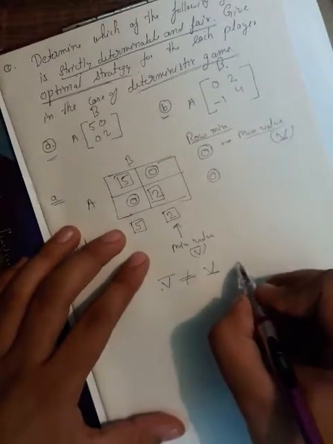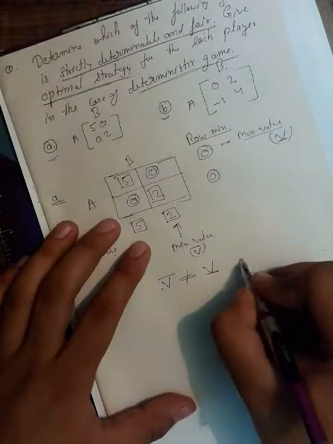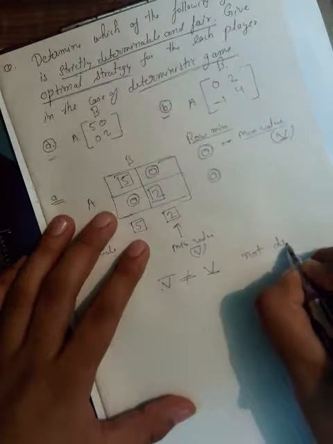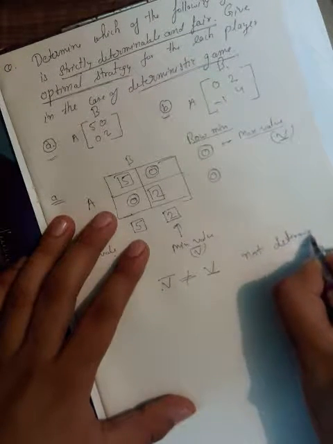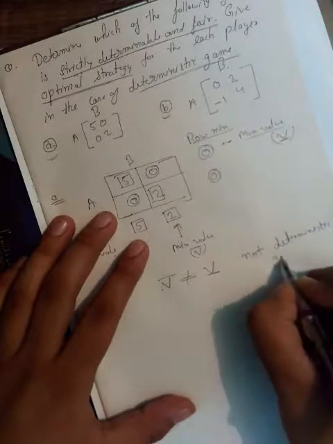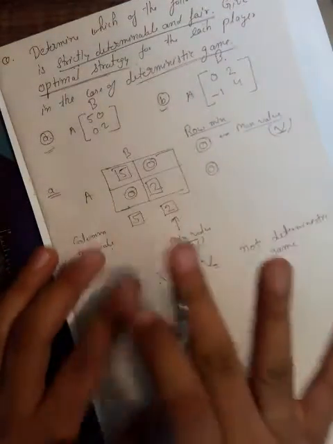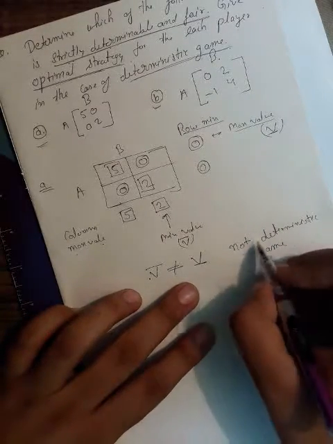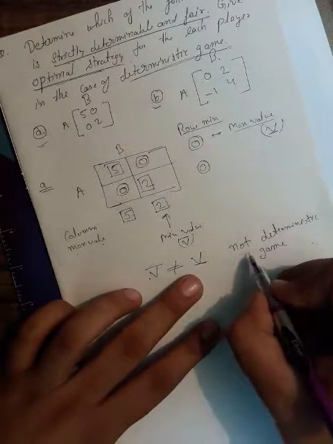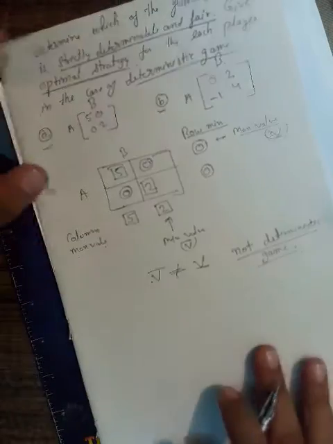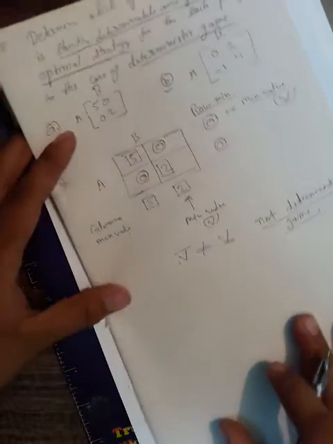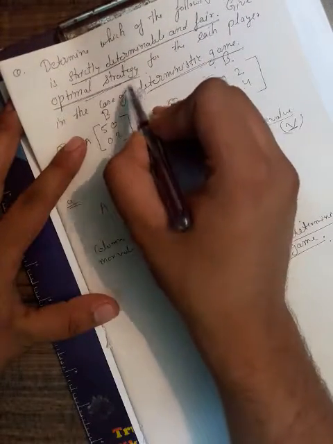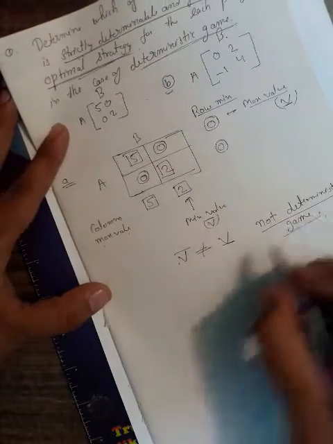So it is not a deterministic game. Since no one is going to win in this game, it is not a deterministic game. So we will not get any pure optimal strategy, that is, your saddle point. So this completes your first problem.